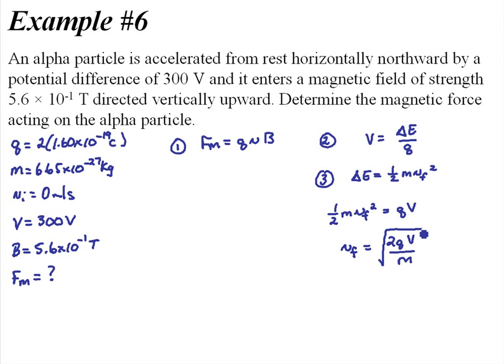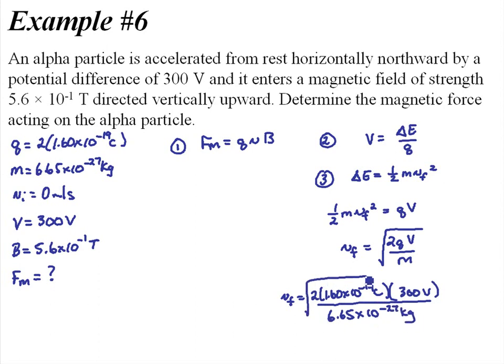We have the charge. We have the potential difference it's been accelerated through. We have the mass of the alpha particle. Put the numbers in. 2 times 1.60 times 10 to the negative 19 coulombs times 300 volts divided by 6.65 times 10 to the negative 27 kilograms.